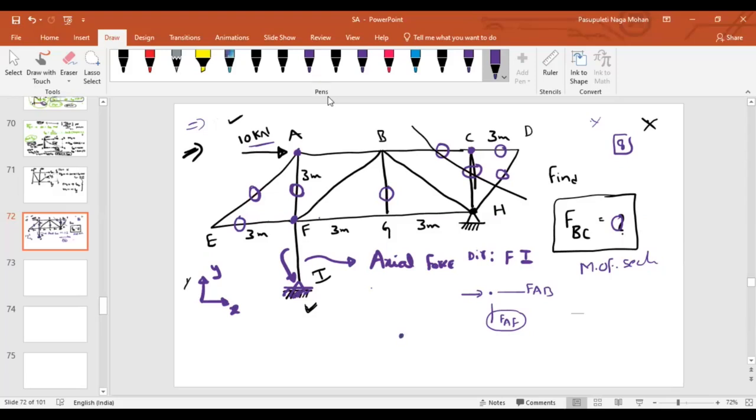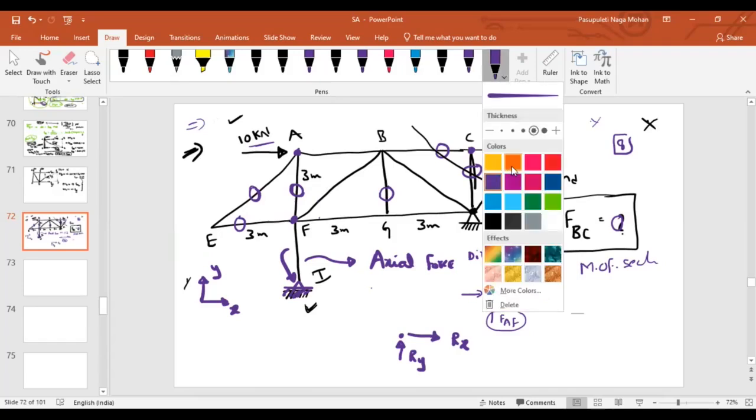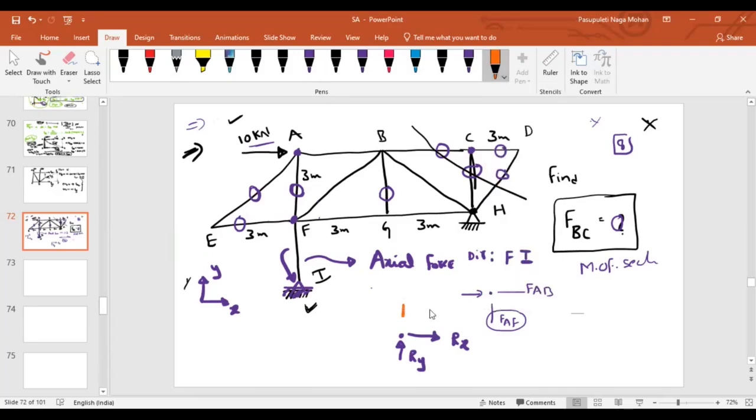Let us say this is the joint I. Initially I am assuming that this is my reaction force at I along the vertical direction, and this is my reaction force along the x direction. Similarly, let us say this is the force in the member FI, say PFI.